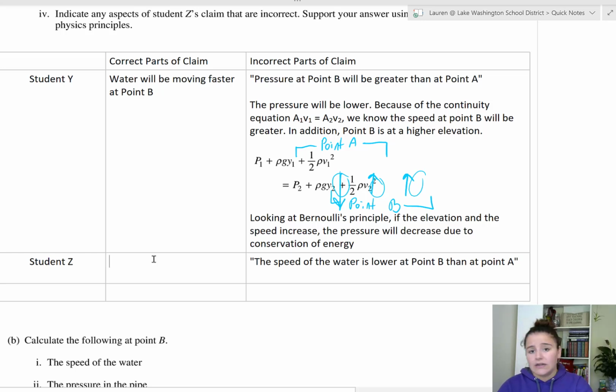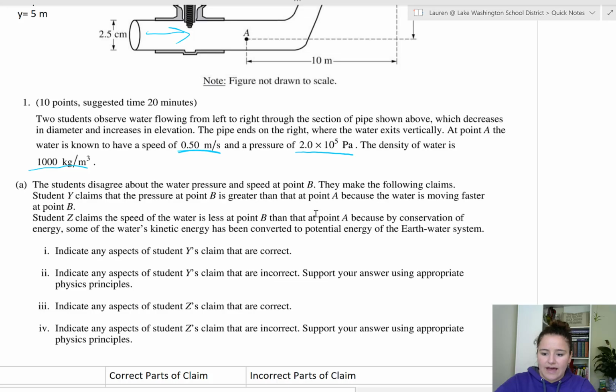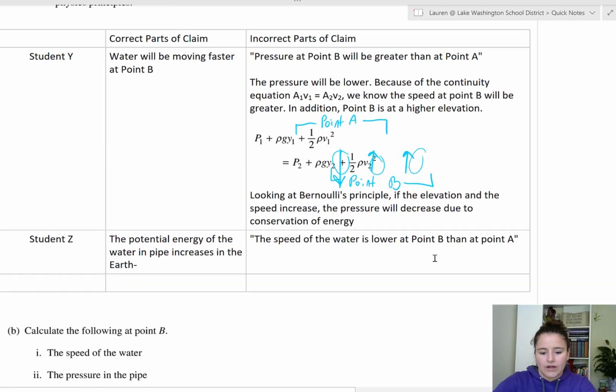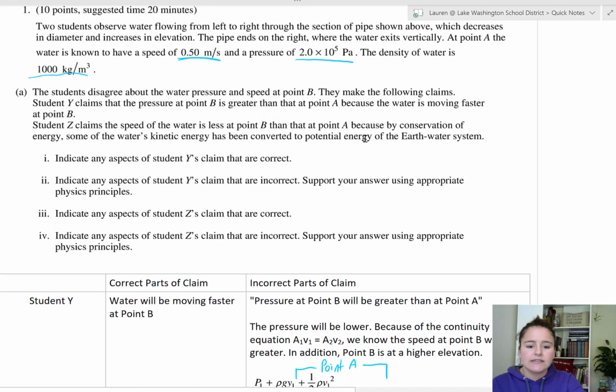You could also claim none here and still get full points on the scoring guidelines, but it is true that the potential energy of the water in the pipe increases in that Earth water system. So that is one correct part of it. Okay, but the speed of it being lower at point B than at point A is not correct.